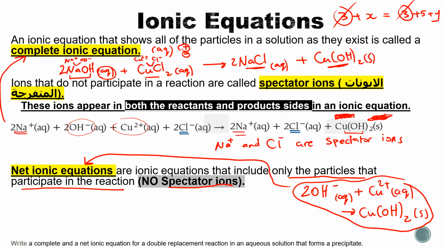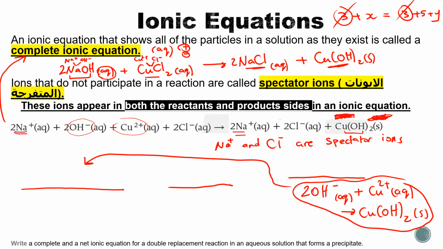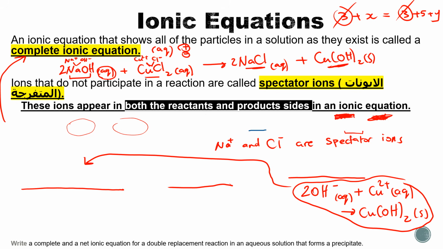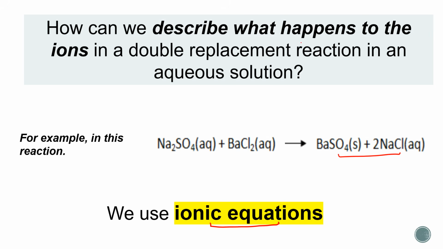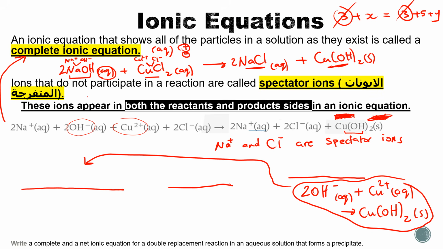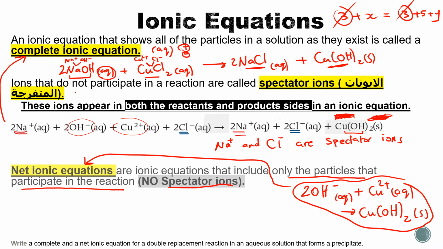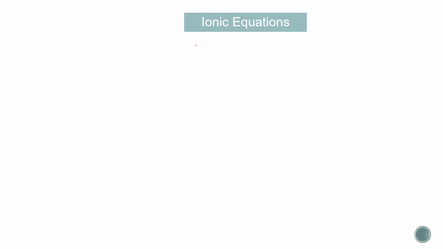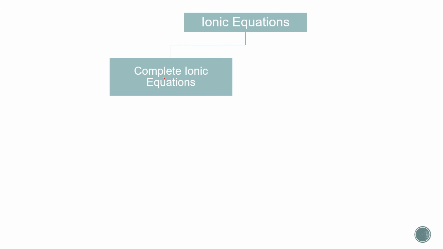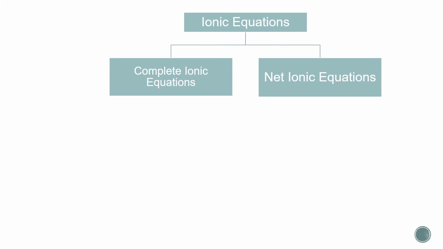So this is what I meant by this question, guys. How can we describe what happens to the ions, okay, in double replacement reactions? هذا كان قصدي إنه we describe it using these ionic equations, okay? So the ionic equations are complete ionic equations and net ionic equations. We have two types.